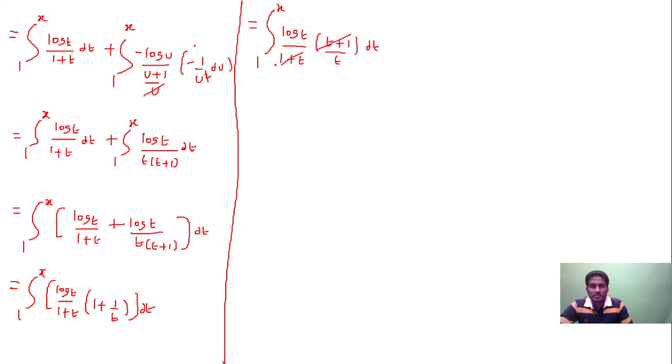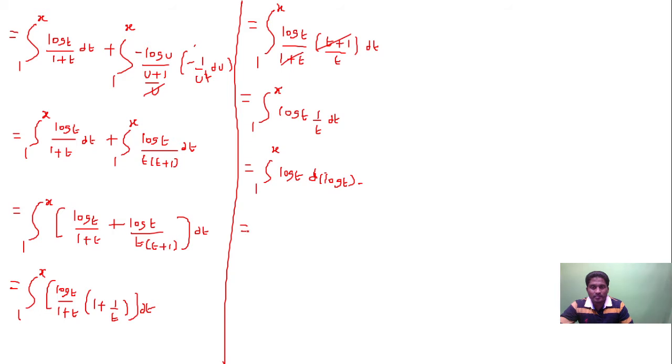Anyways, this will get cancelled. Integration of 1 to x, this will be equal to log t into 1 by t dt. So I can write this as integration of 1 to x, log t, and 1 by t can be written as d of log t. D of log t is 1 by t dt.